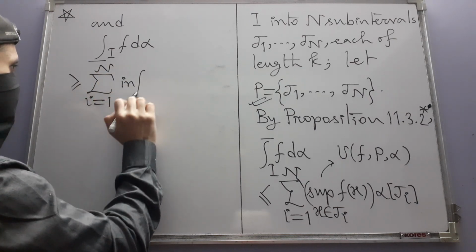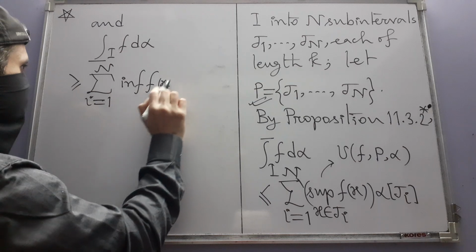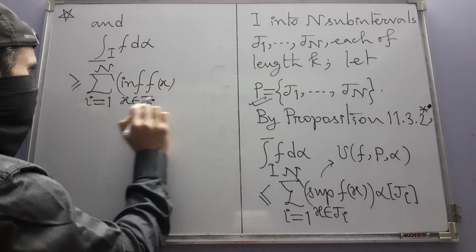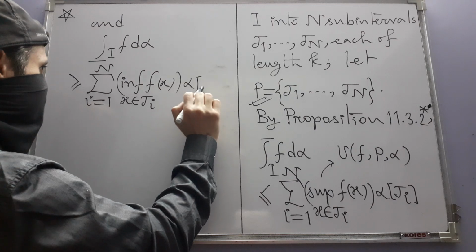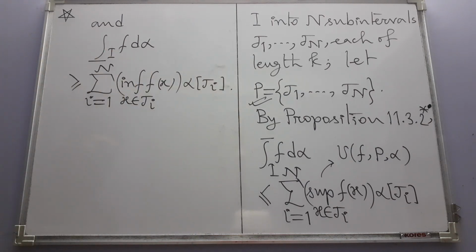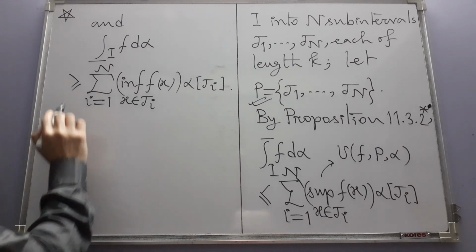This time we will have the infimum times the alpha length of J_i.